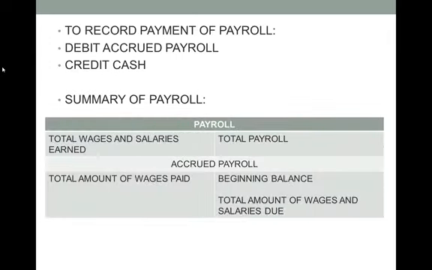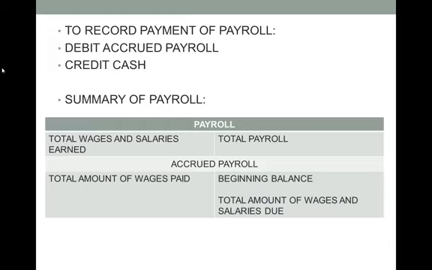So let's summarize payroll. What do we need to see in debit and credit balance? In payroll, what we need to see in the debit side is the total wages and salaries earned, and then total payroll, or yung binayaran mong payroll.